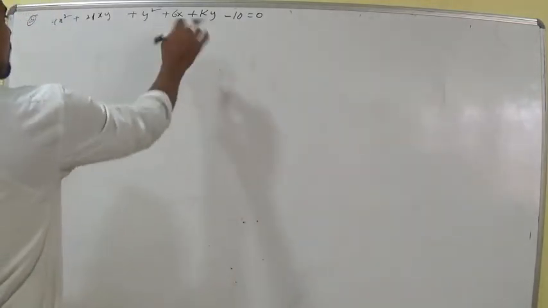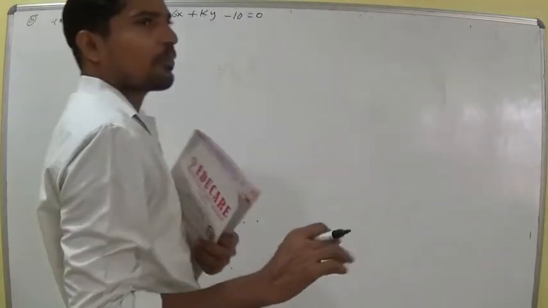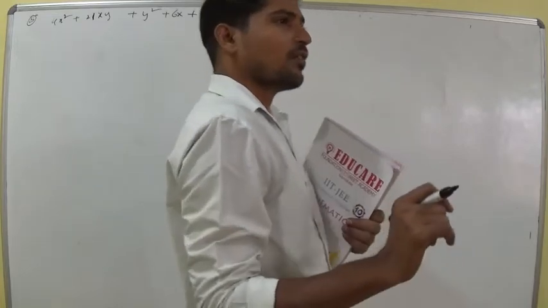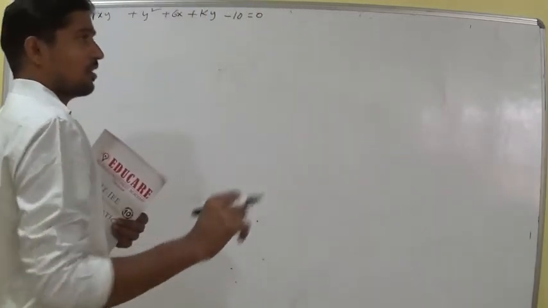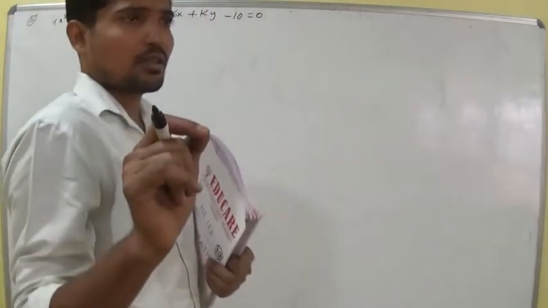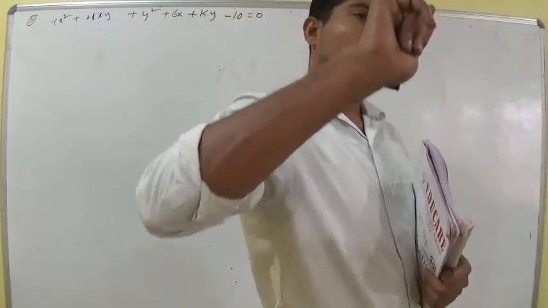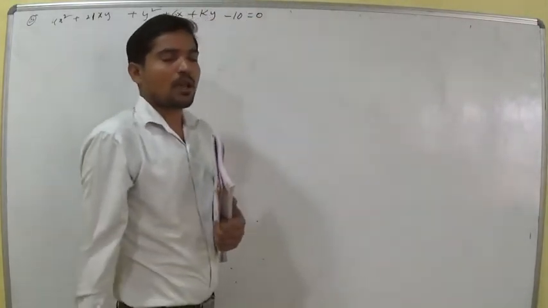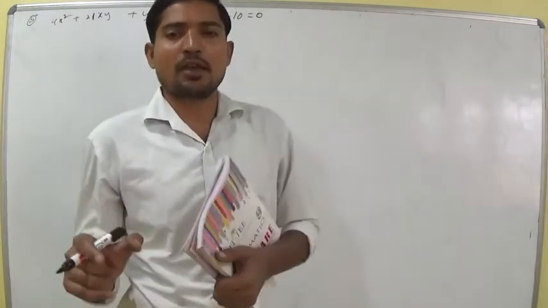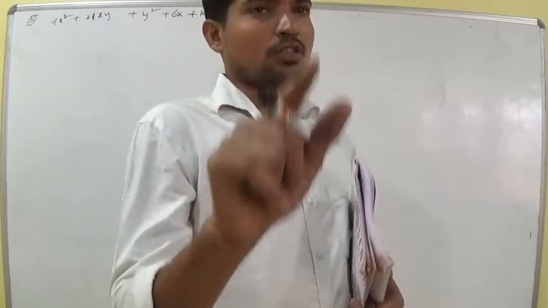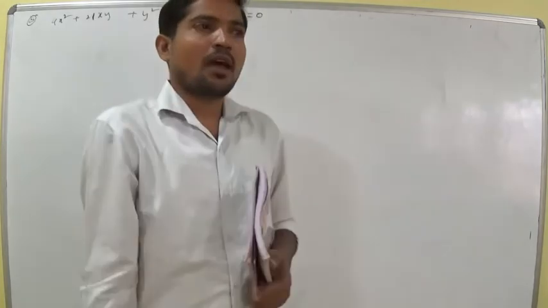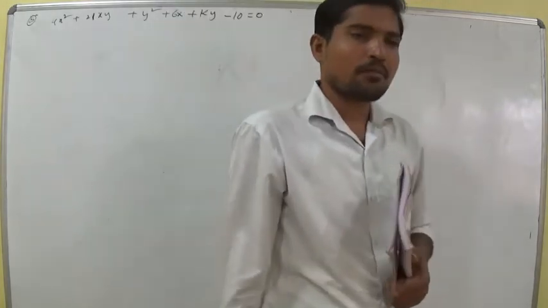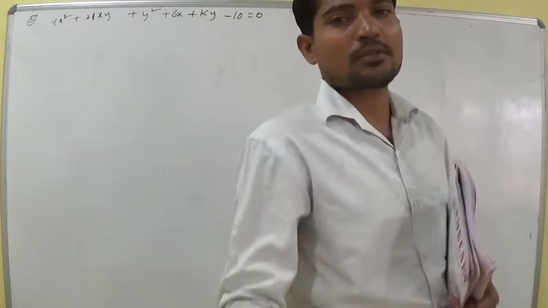In that we have to find the distance between parallel lines, which is 2 into square root of (g² − ac) by a(a + b), or 2 into square root of (f² − bc) by a(a + b).